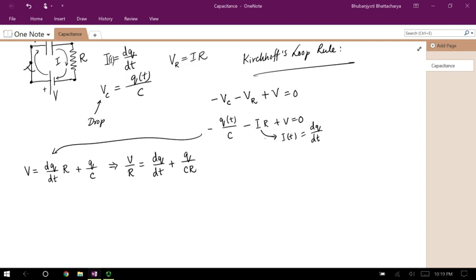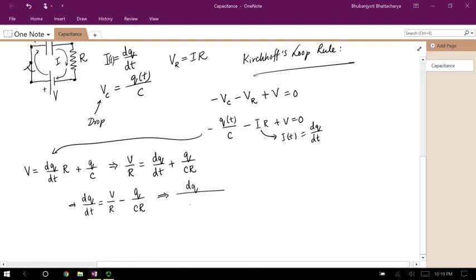There's a very easy way of solving that. So we will rewrite this as dq/dt is equal to V over R minus Q over CR. And then we can rewrite this as dq divided by (V over R minus Q over CR) is equal to dt.